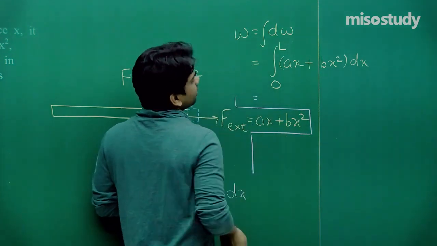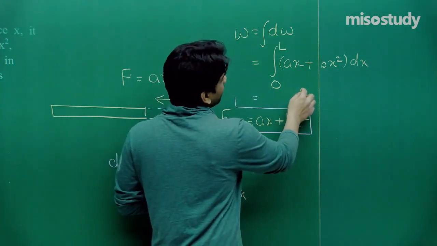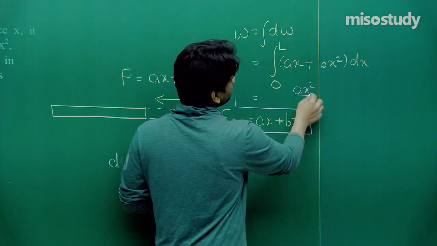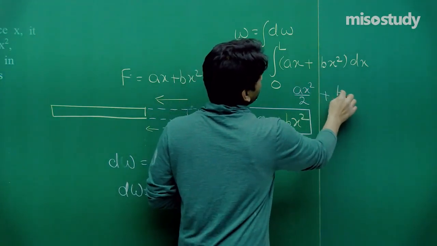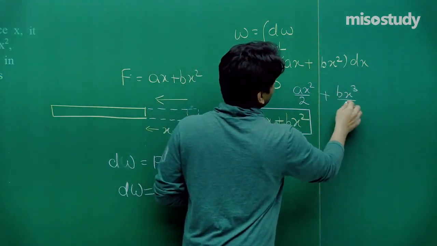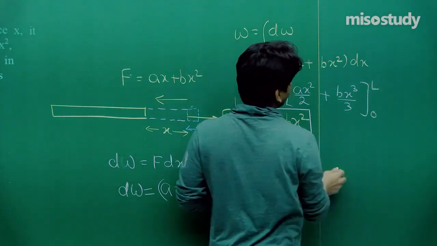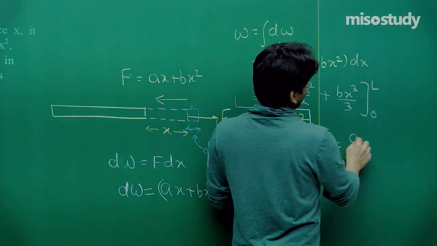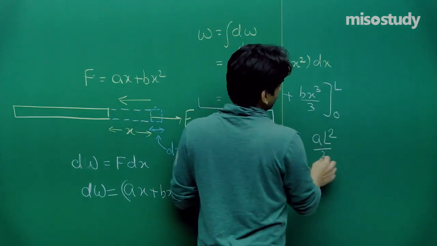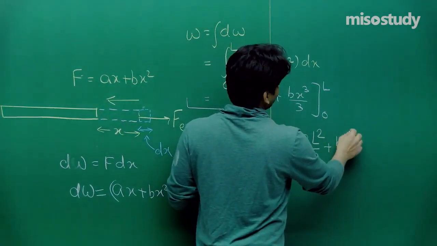You will get ax square by 2 plus bx cube by 3. Put up the limits 0 to capital L. So finally you will get aL square by 2 plus bL cube by 3.